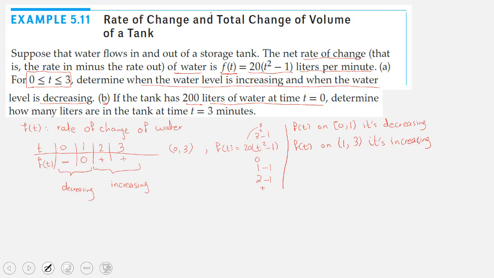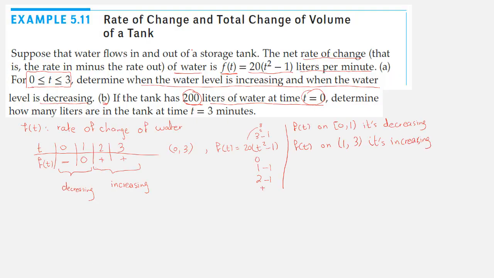There is 20 liters of water at time t equals 0, so according to what we consider, we can write W of 0 equals 20. Determine how many liters of water are in the tank at time t equals 3 minutes.